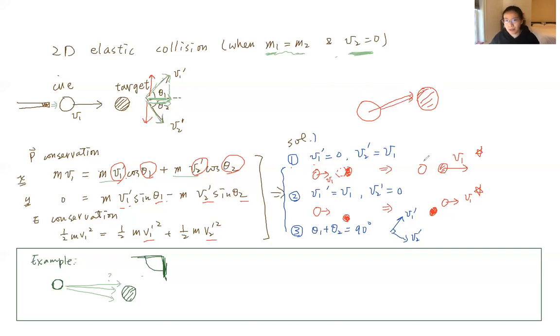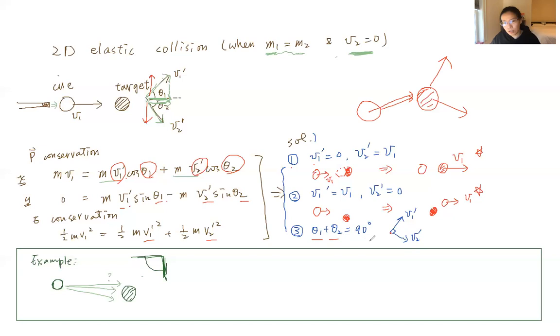When this happens, your target ball and your cue ball are going to go in two different directions. And these two directions will be perpendicular to each other. It means that theta 1 plus theta 2 equals 90 degrees.